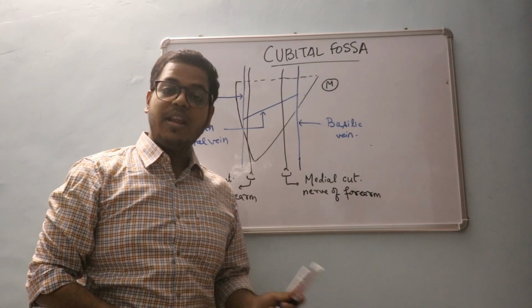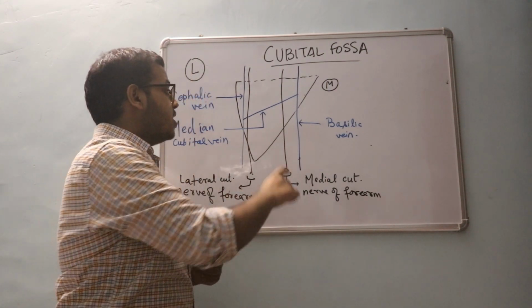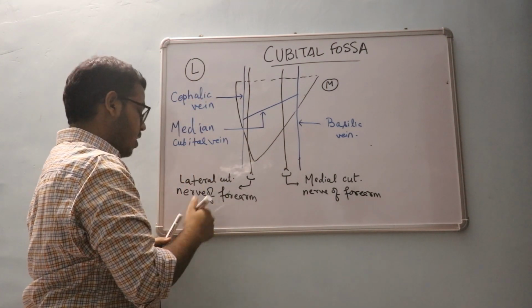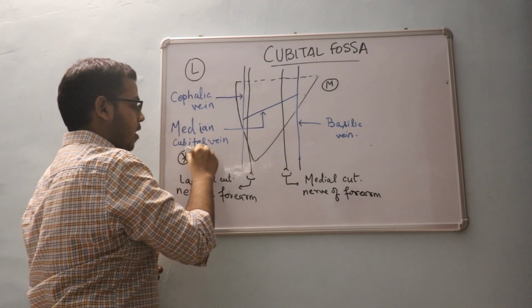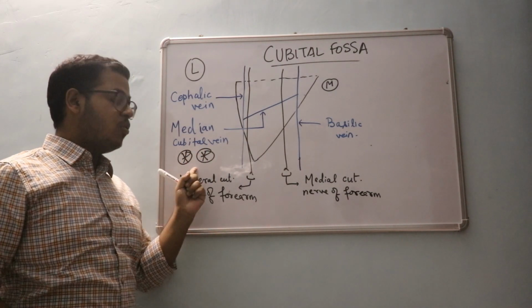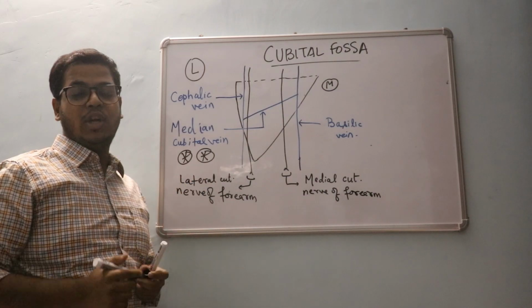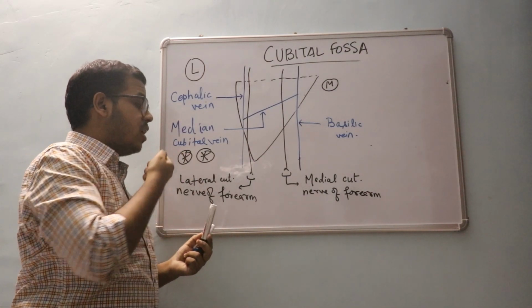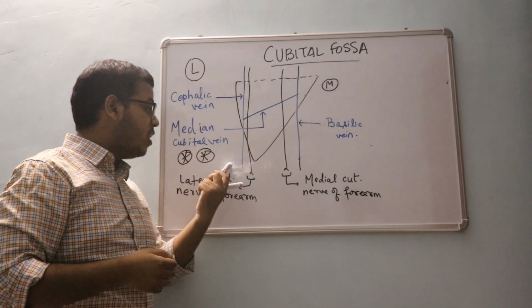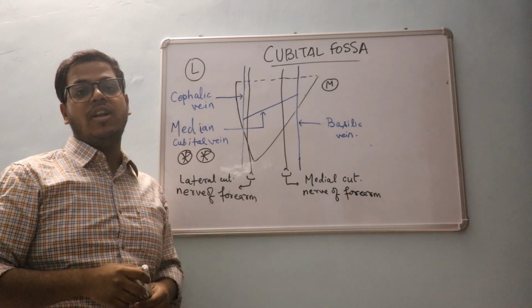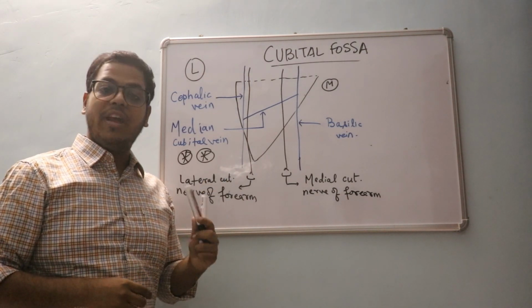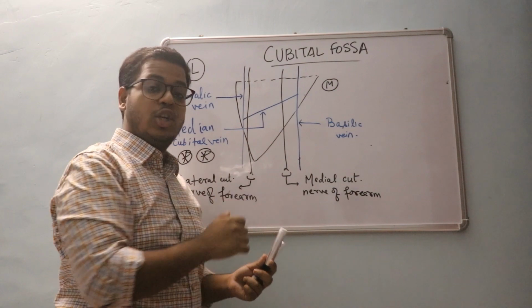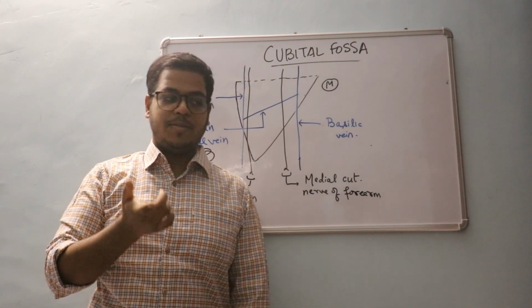These are very important structures and we need to know them. Specifically the median cubital vein, I'll mark it important, because this is the one used for IV manipulations. Intravenous blood is taken from this median cubital vein because of its fixed nature, due to the perforating veins.